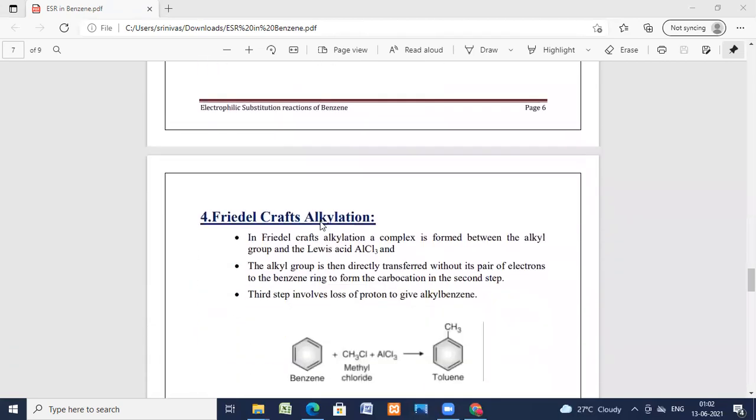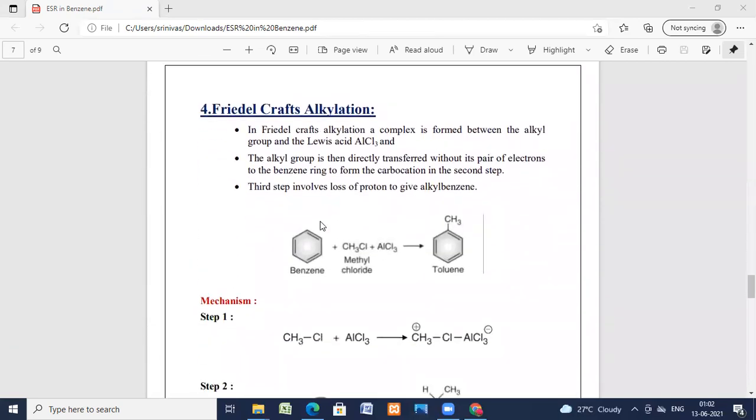Now we'll see the Friedel-Crafts alkylation reaction. This reaction involves the action of alkyl halide on an aromatic compound in the presence of anhydrous aluminum chloride catalyst.